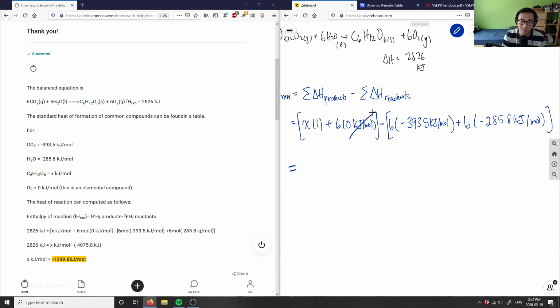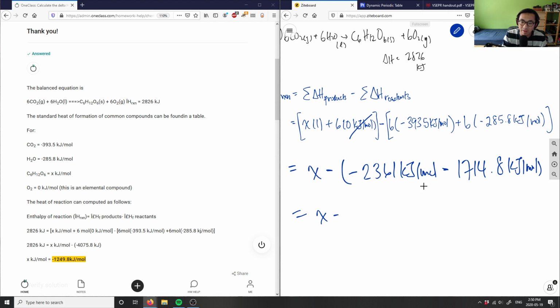So this simplifies to, again, this here is 0, so I simply have x minus, and then I can distribute these guys. So minus 6 times negative 393.5. Let me just use my calculator. That gives me negative 2361 kilojoules per mole, plus 6 times negative 285.8, which gives me negative 1714.8 kilojoules per mole.